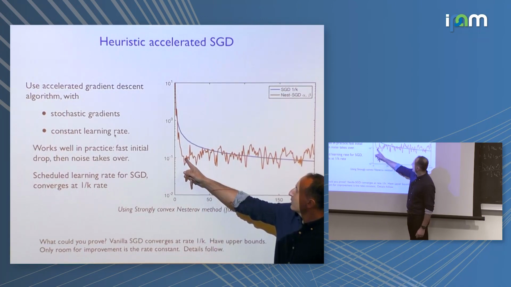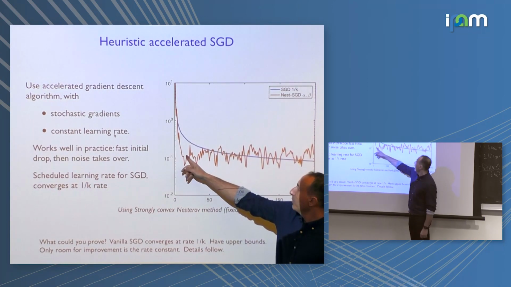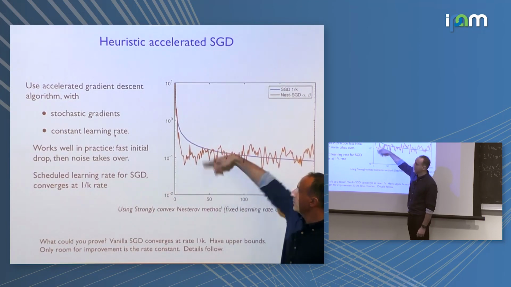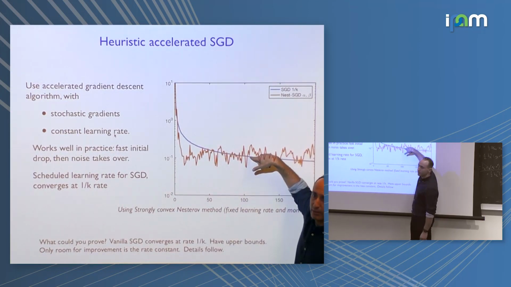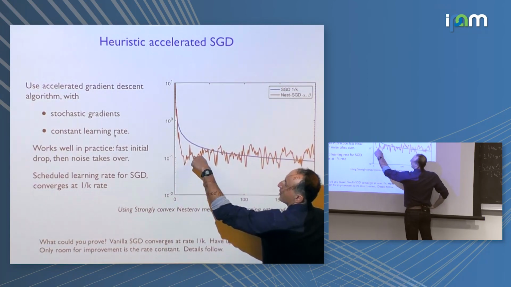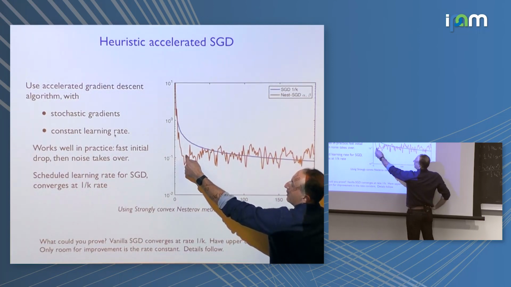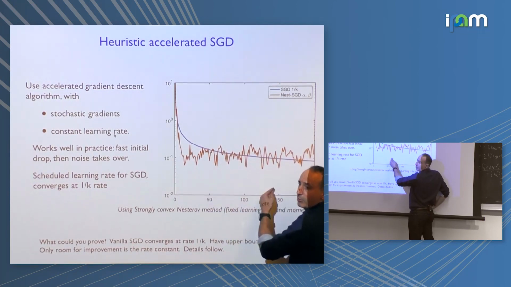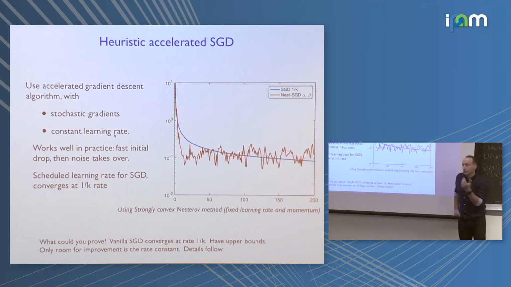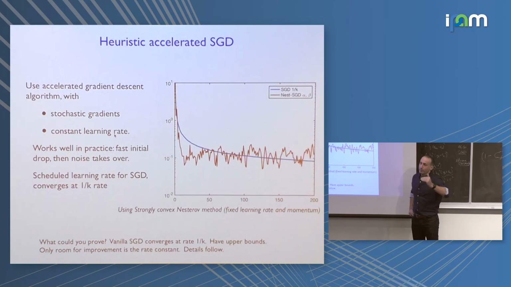Then right away it gets to this threshold because you're using a constant time step, where now you might as well just stop, because now it's just going to oscillate, and eventually SGD catches up. But in practice, when you get to this point where things are on average constant, you shrink your time step again, and you hope that you're going to get another dip and keep going with Nesterov. So when you train neural networks, you do this about 4 or 5 times: accelerated SGD with a constant time step, go for a while, and then shrink it down again.